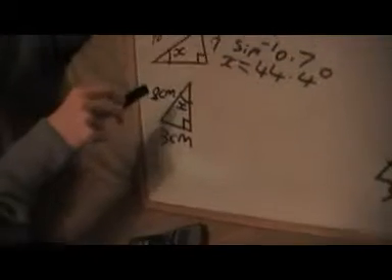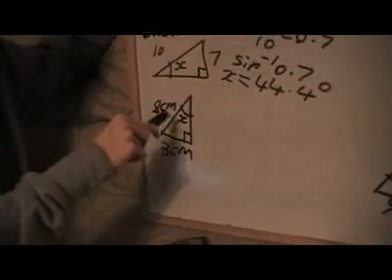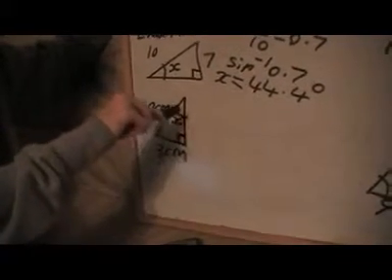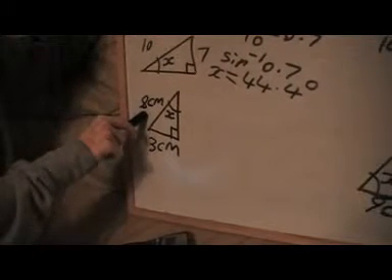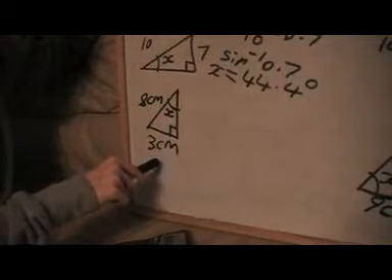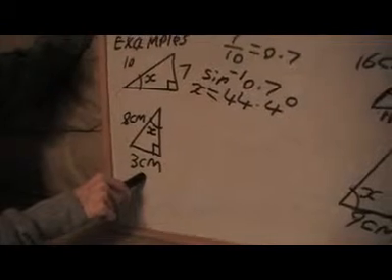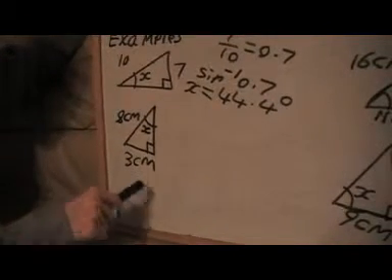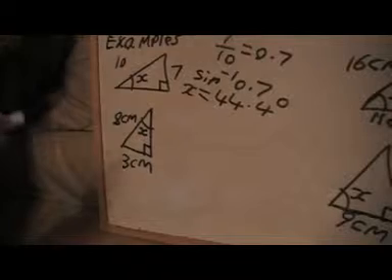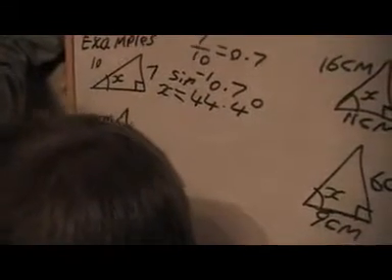So next problem, we again want to find this angle x. We know that the hypotenuse is 8 and the opposite is 3. So again, we're going to use the sine.